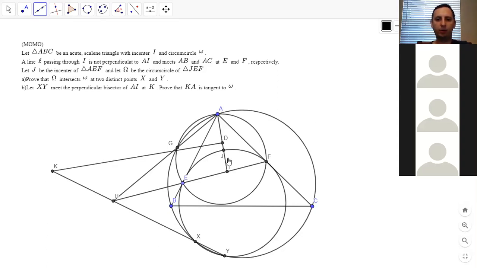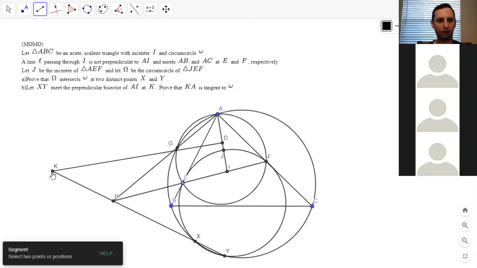If the line was perpendicular to AI, then we'd get the mixtilinear incircle. And if we tilt the line, I wonder if that can help us prove it. Or are KI and BC parallel? Let's see, I think they might be.